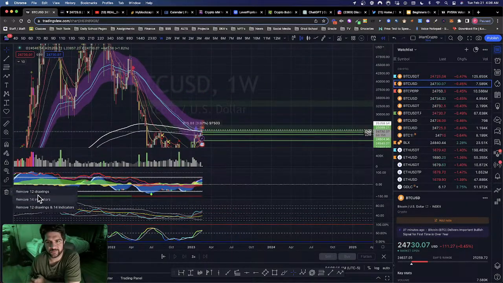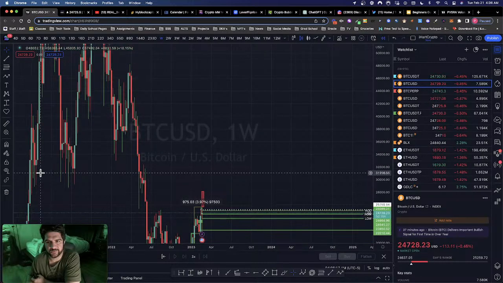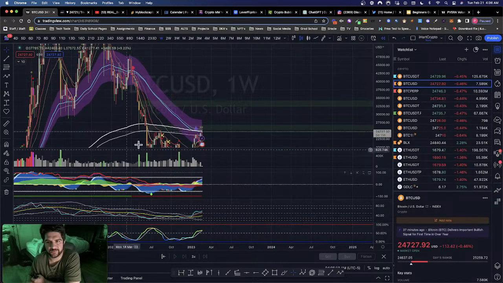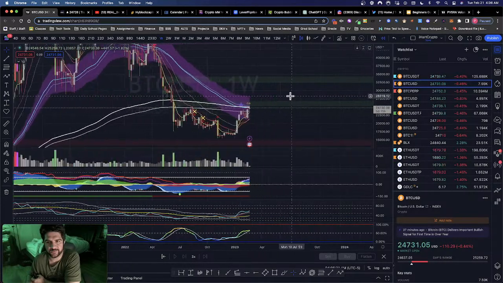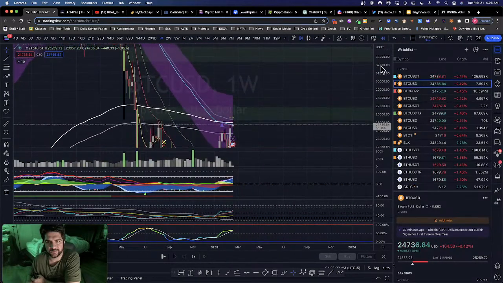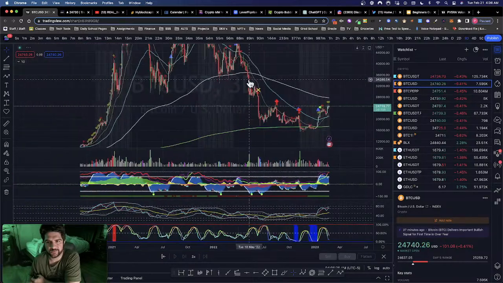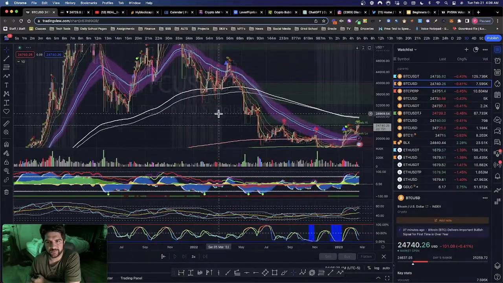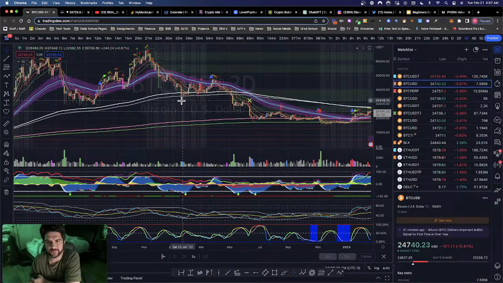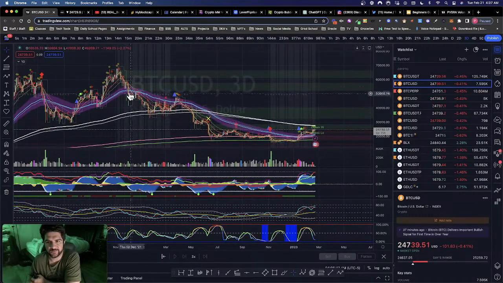Let's get rid of these drawings. I would have liked to see them come up a little bit, though. You know what it reminds me of? It reminds me of this over here, where you had this behavior on the retracement. You came down, you dropped, right?